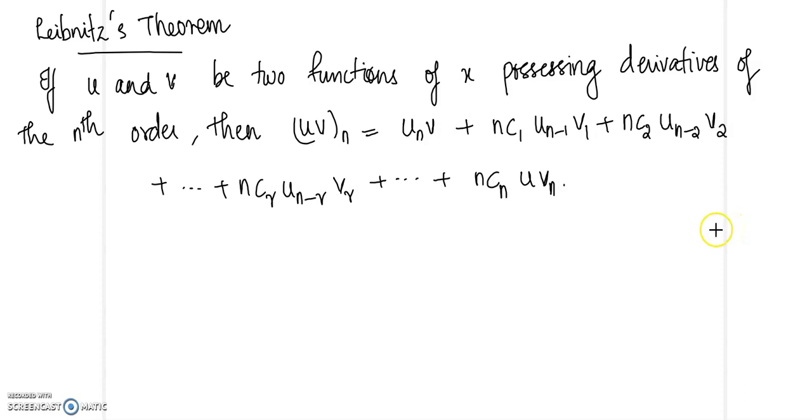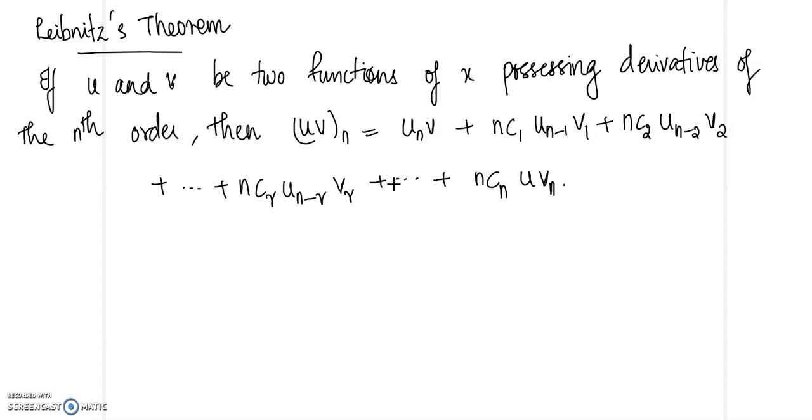The theorem states that if u and v are functions of x which have derivatives of nth order, then the nth derivative of the product of the functions u and v, that is the nth derivative of uv, is given by u_n v plus nC1 u_(n-1) v_1 plus nC2 u_(n-2) v_2 plus etc., nCr u_(n-r) v_r plus etc., nCn u v_n.